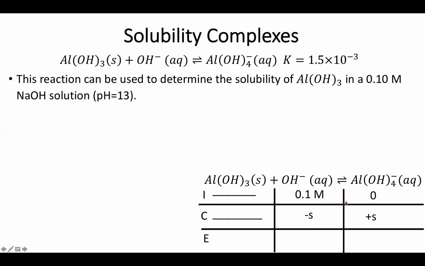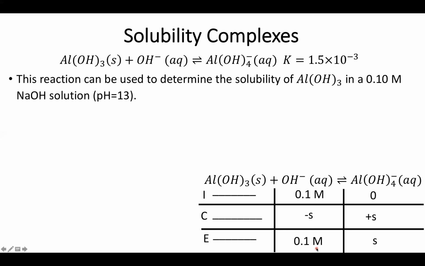We'll consume the hydroxide and produce the complex with, again, representing our X here as solubility, because we are indeed consuming the aluminum hydroxide. Now, we're going to assume that this equilibrium constant is fairly low. This approximation does start to break down a little bit here, but as we'll find out, it's good enough.